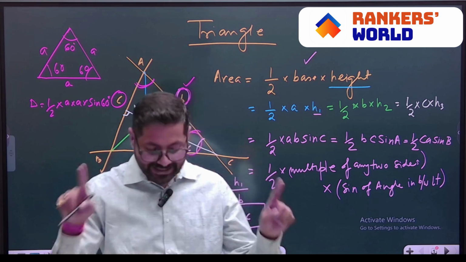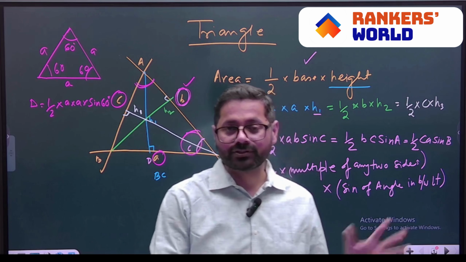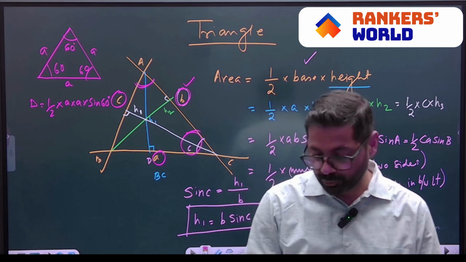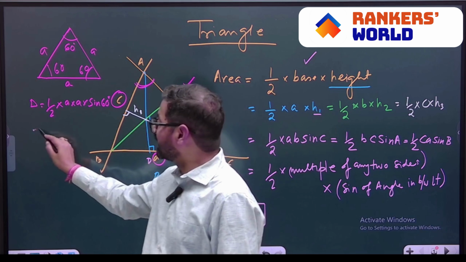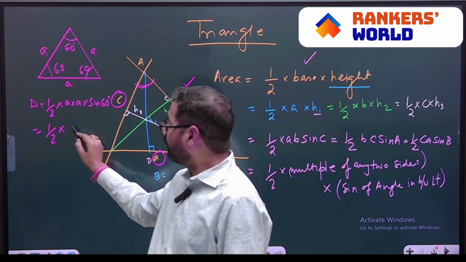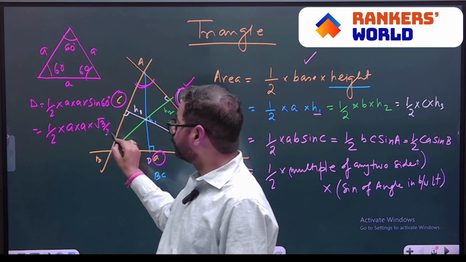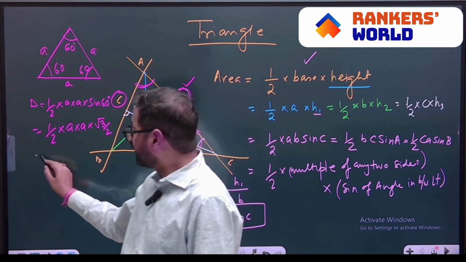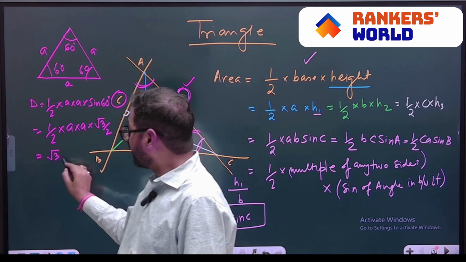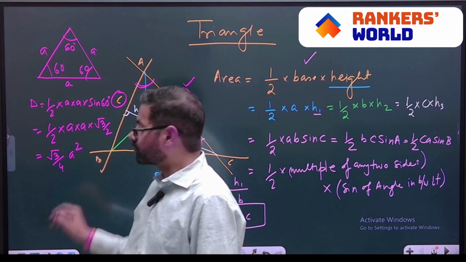And the value of sine 60 degrees should be known to me because I just made a table for you, and that can be easily written: half of A times root 3 by 2. If you solve it, it is root 3 by 4 A square.